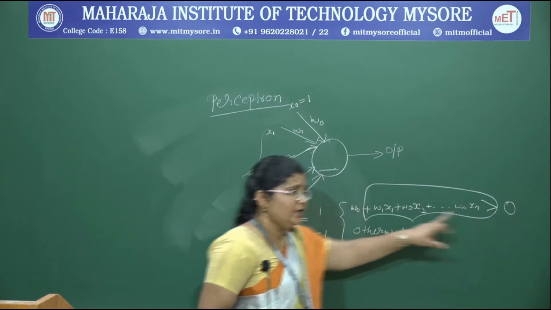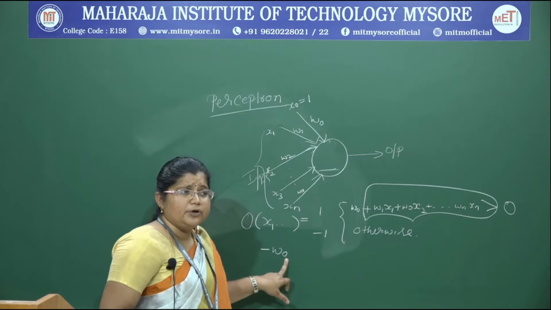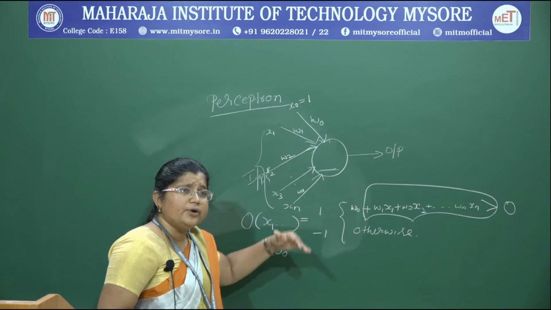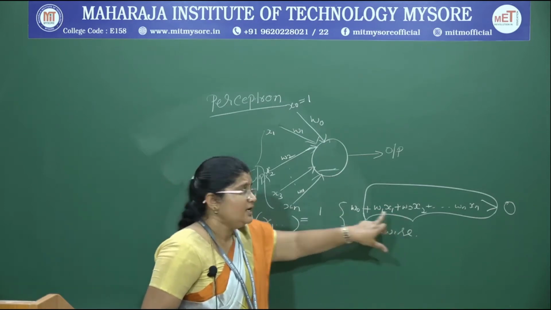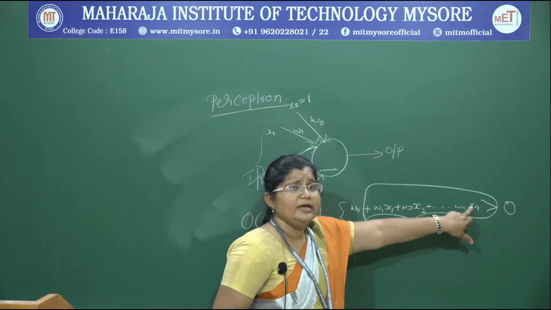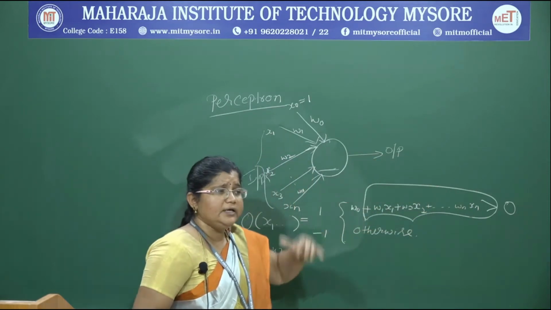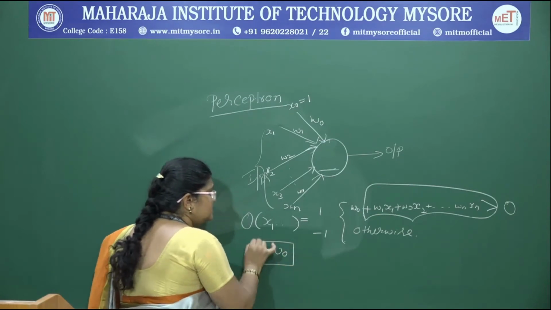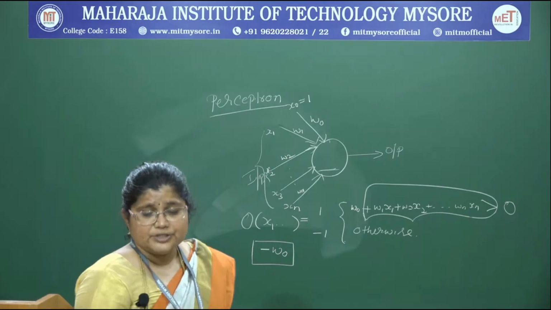So the minus W naught is going to be considered, meaning the value of W1 x1 to Wn xn must surpass it, and this gives you the proper result. That is why minus W naught is considered for the calculation purpose.